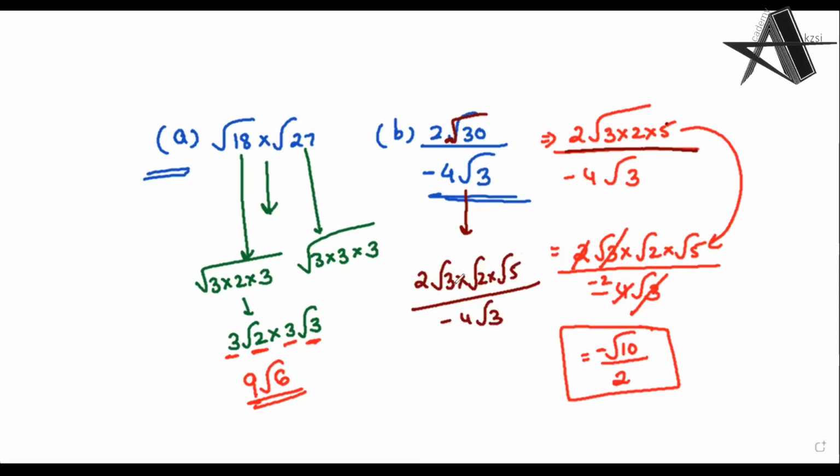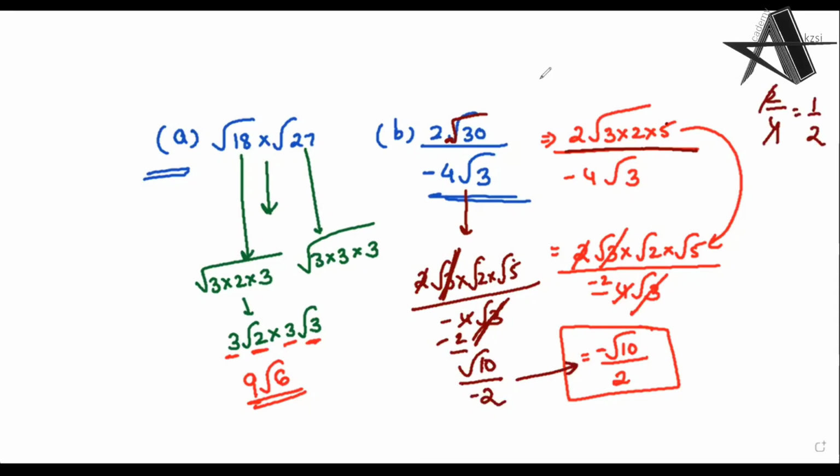Obviously, why have I written this? Because I can clearly see I can cancel out root 3 and root 3. So root 30 can be written as root 3 times root 2 times root 5. This root 3 and root 3 can be cancelled out. This 2 and minus 2 can be cancelled out. The answer will be root 2 times root 5 is root 10 and only minus 2 is remaining. So the final answer is minus root 10 over 2.